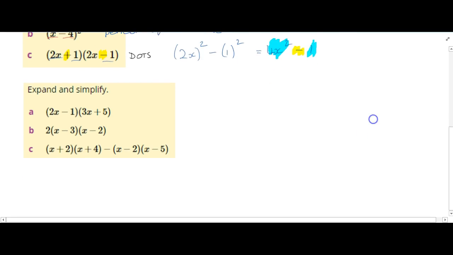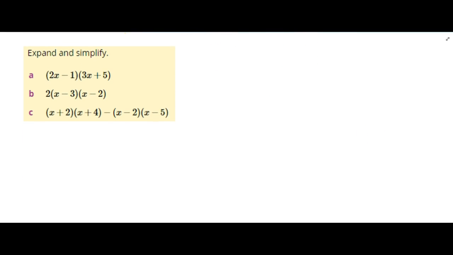Finally, I'll just quickly go through these ones. These have got some coefficients in them, so they make them a bit trickier. Okay, FOIL again. 2x times 3x is 6x squared. 2x times 5 is 10x.